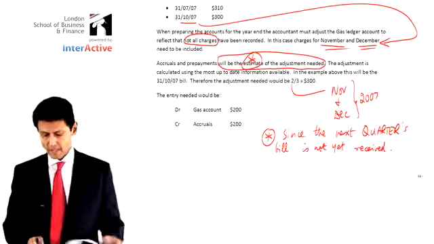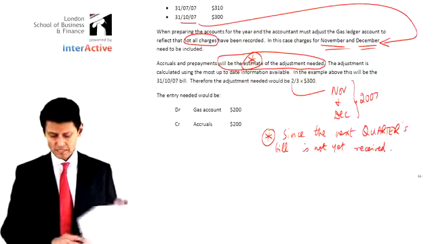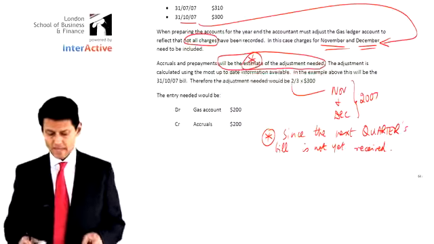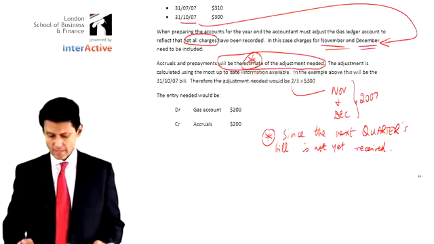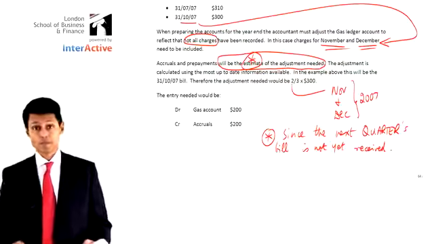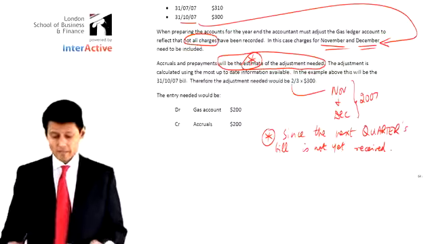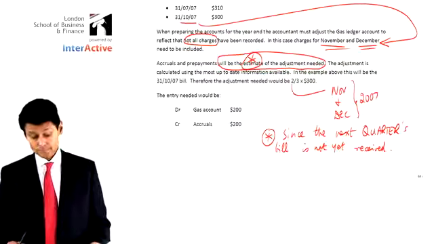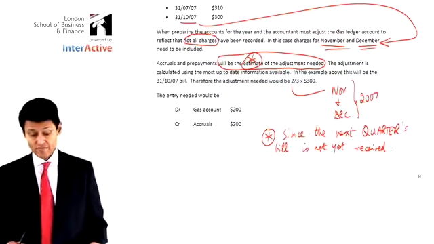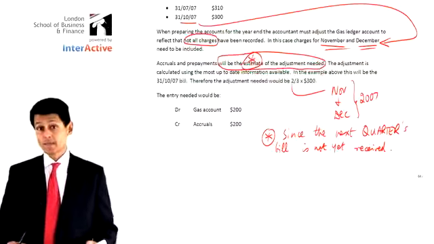And as you can see lower down the page, there's a little journal entry, debit gas account and credit the accruals of 200. How is that so? 2/3 of 300, of course, up to the end of October, for the months of August, September, October, we felt it was 300, 100 a month.